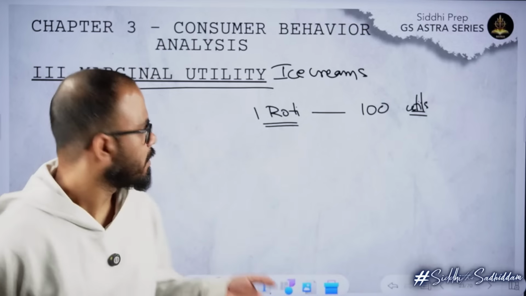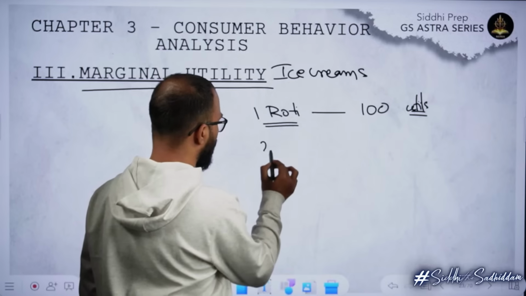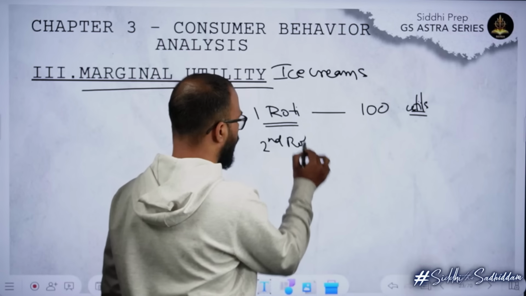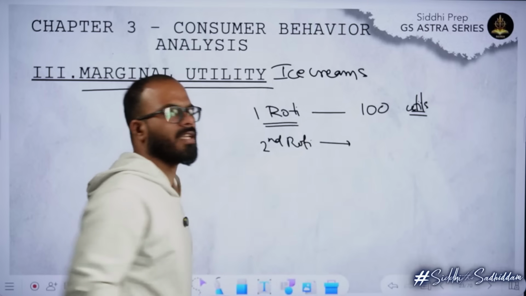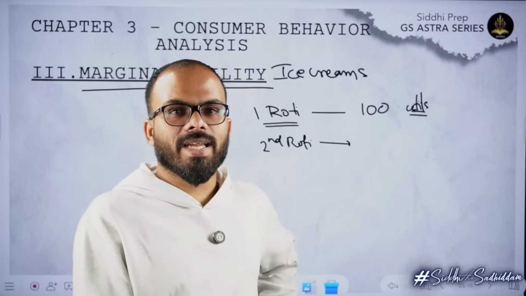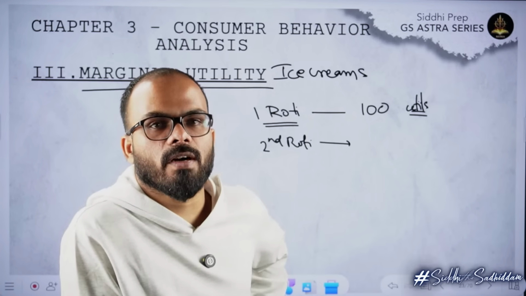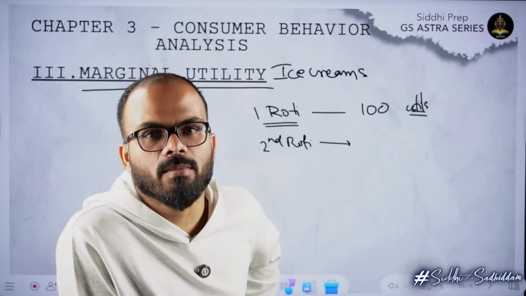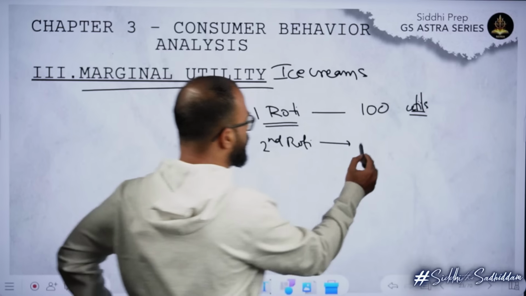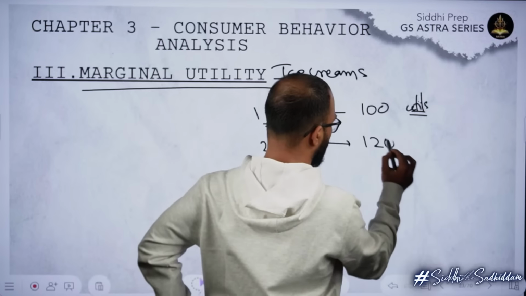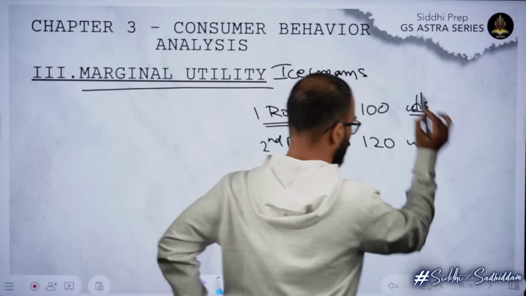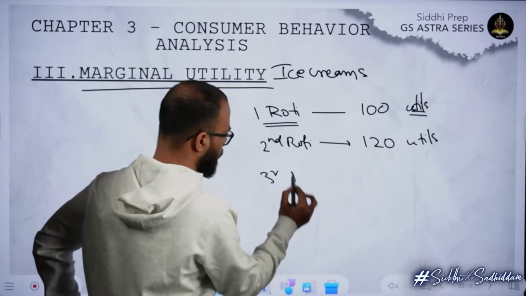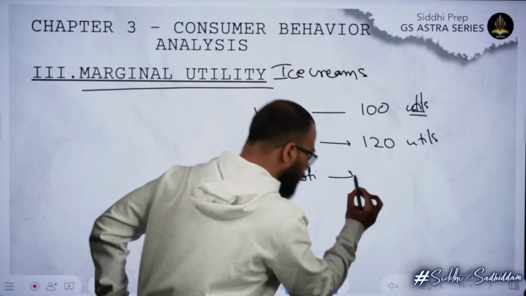Now after one roti, I wanted to eat the second one. I was happy with the first, and I ate the second roti and I'm more happy, I have a further extra amount of happiness. Let's say I went on to get 120 utils of satisfaction. The third roti is also fine.